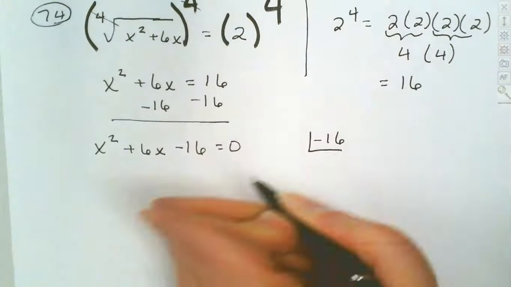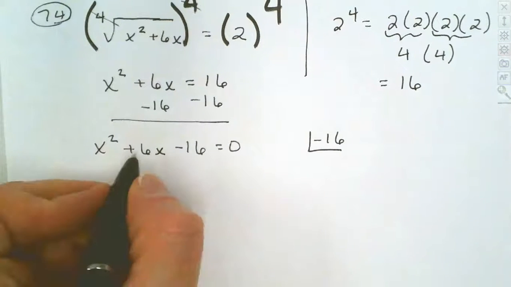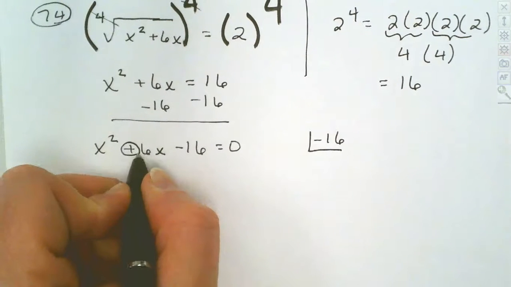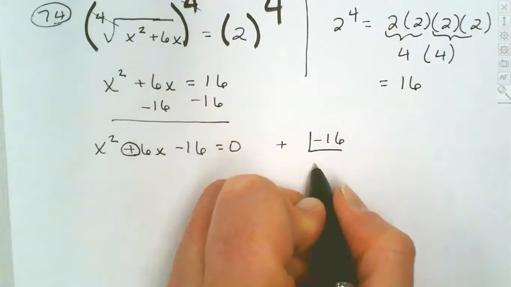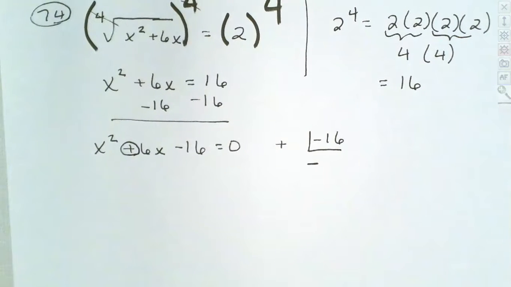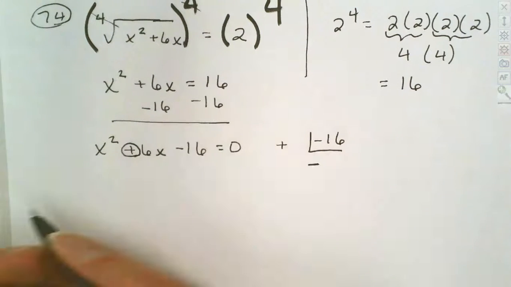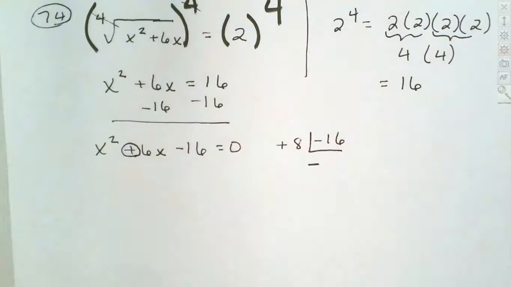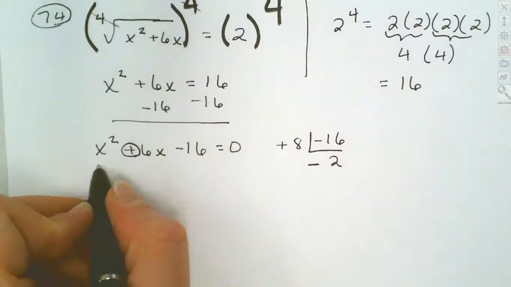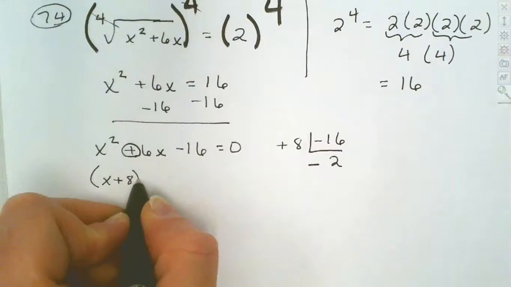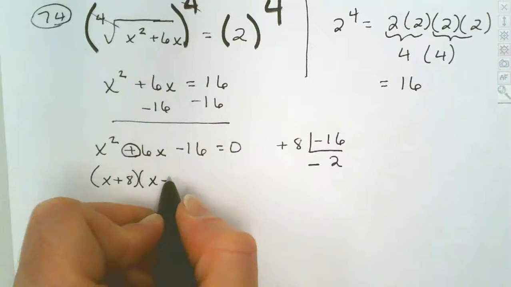It tells us that one number is positive, one number is negative, larger number is positive, smaller one is negative. What two numbers will work? Well, how about 2 and 8? So we need a positive 8 and a negative 2. That factors into x plus 8 and x minus 2.